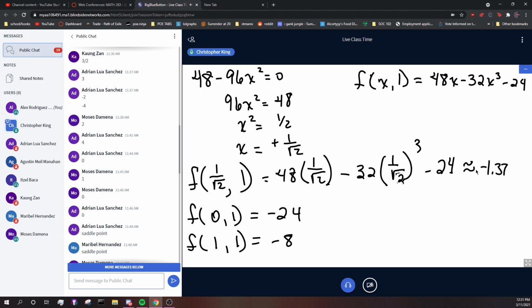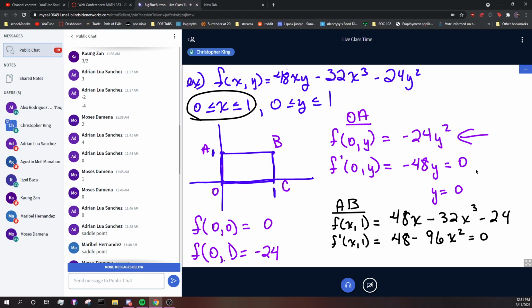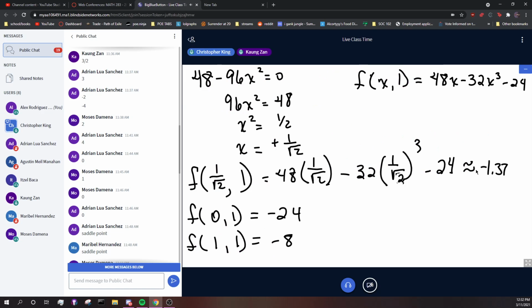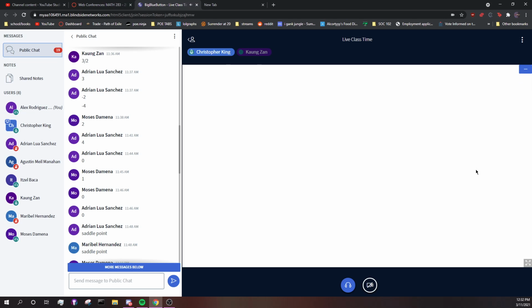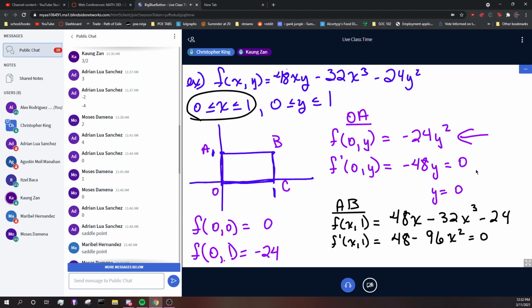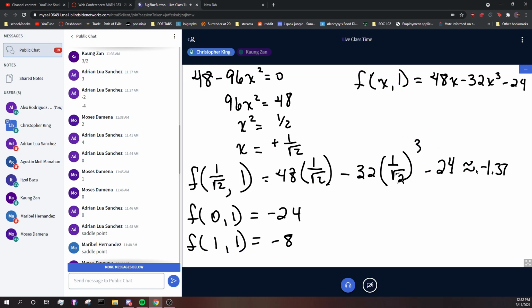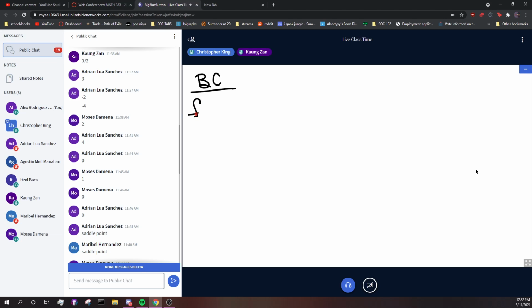Okay. So we've taken care of 2 sides. What's the next side we can deal with? BC. So if we deal with the side BC, what is set? x is 1. So we're going to look at f of 1 comma y.